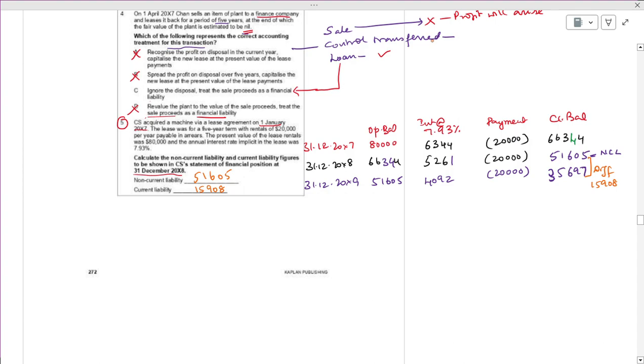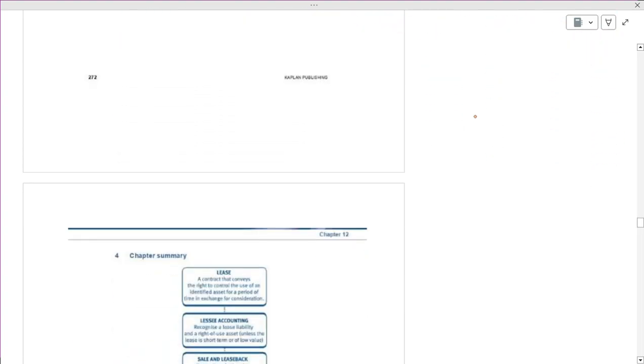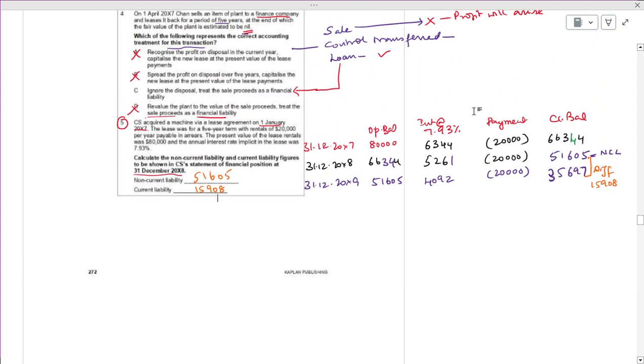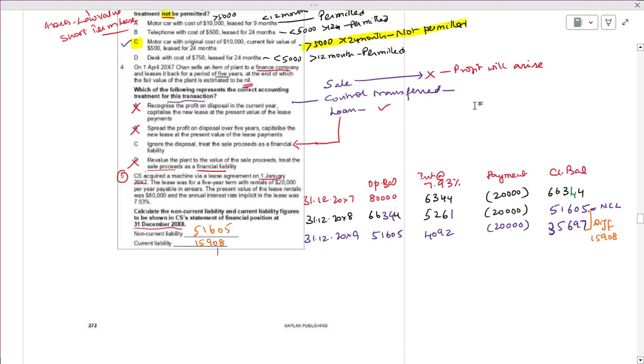Is it clear? Yes, a little bit. Now the clarity will increase, okay? Is it okay about this? What is the difference from the previous questions?